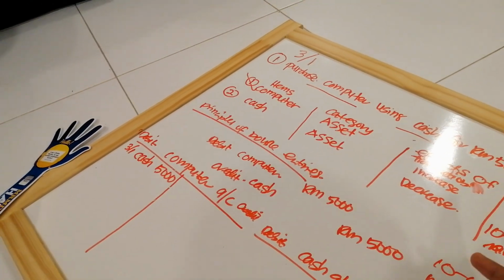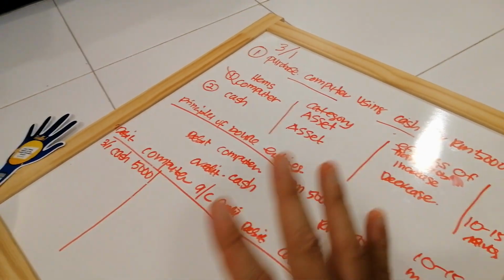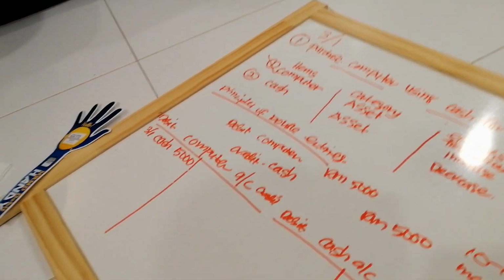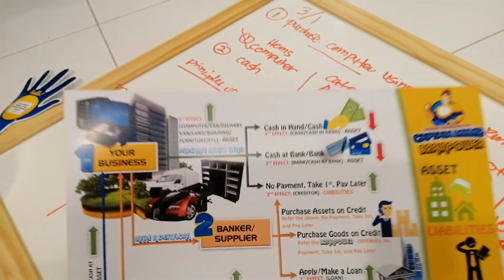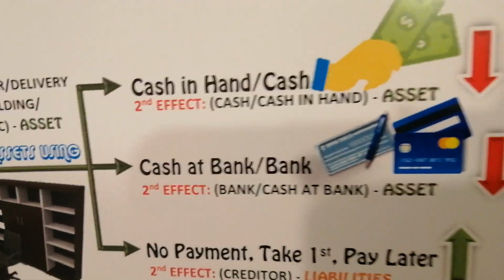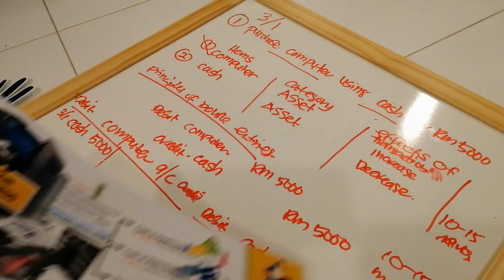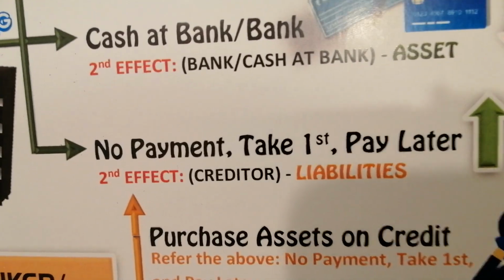Okay, so after this, the next video, I will explain to you scenario by scenario from the brain power, because under asset, this one, purchase asset using cash in hand or cash, done already this one. So kita ada yang cash at bank, and then kita ada third.